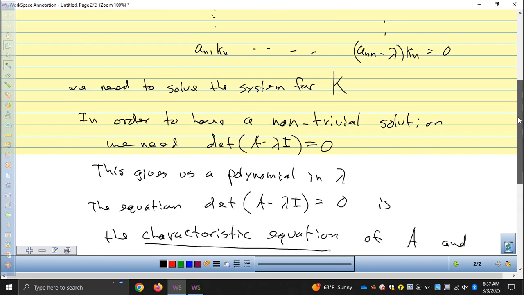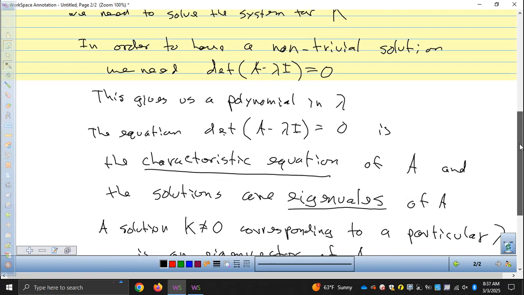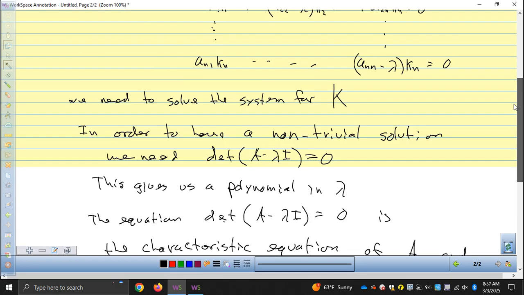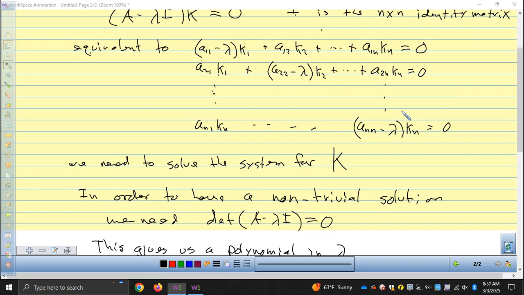Generally, for what we're going to do, the polynomials are generally easy to solve. And in general, the system of equations for these eigenvectors tends to be a pretty easy system to solve for what we're going to do.